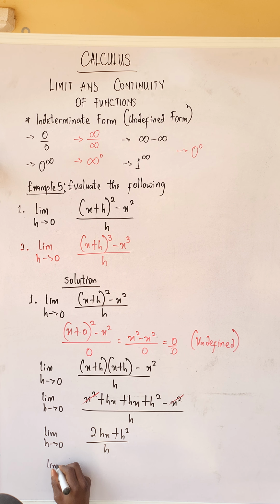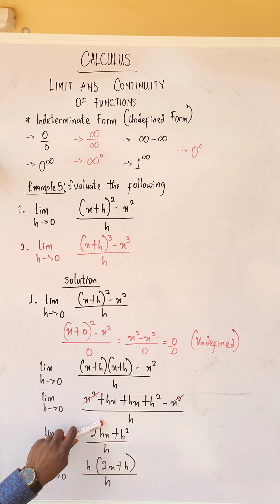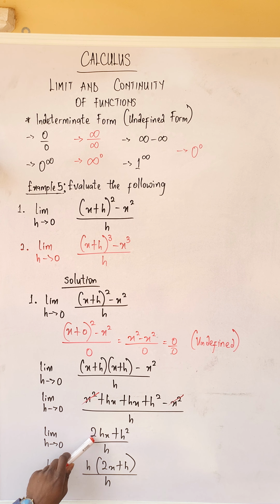We can say limit as h tends to 0, h into the bracket (2x plus h), over h. When you factorize h out of the numerator, h into hx leaves 2x, and h into h square leaves h. Then over h, so this cancels this.